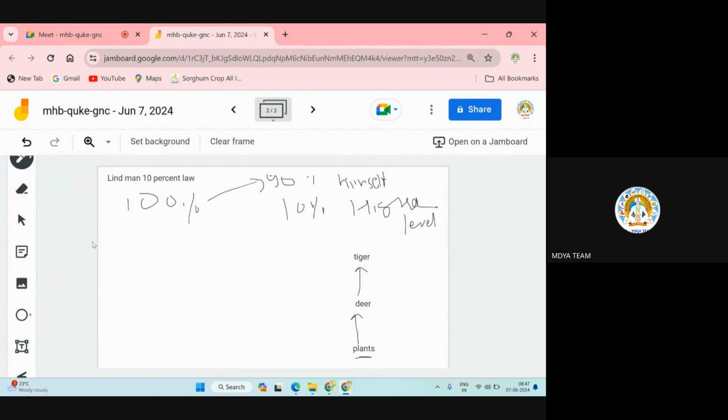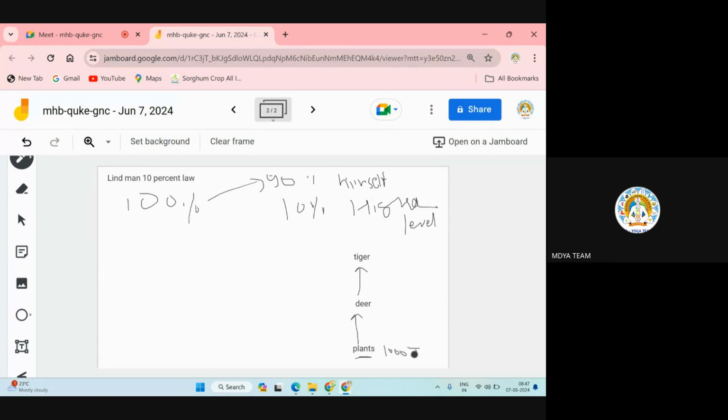It's a little complicated to understand, but for example, plants, I told you they also need some food in the night, and they also do respiration in the night. So if a plant produces 1,000 joule of energy from sunlight, from this 1,000 joule, the plant will use 90% energy by itself for its existence, for its survival.